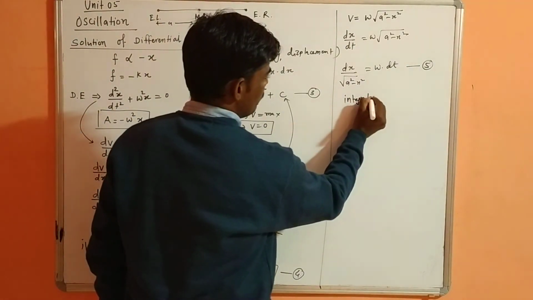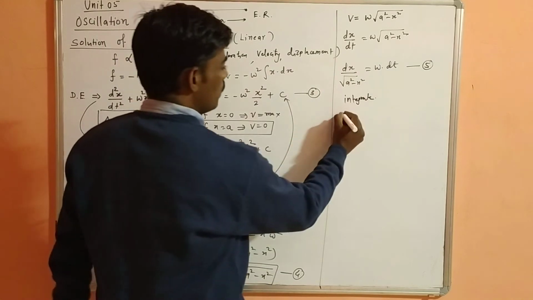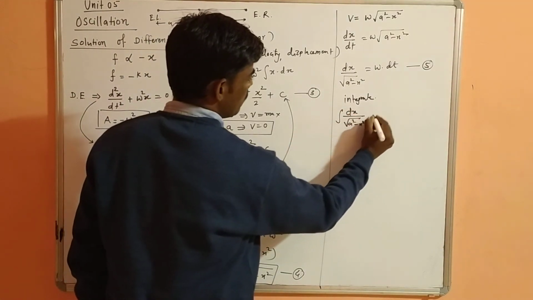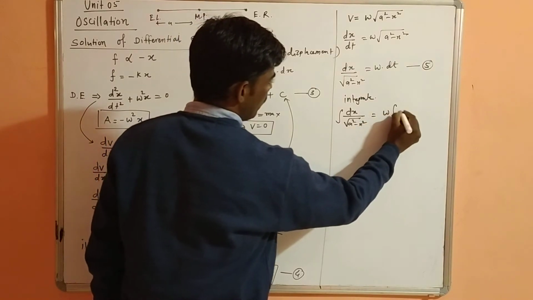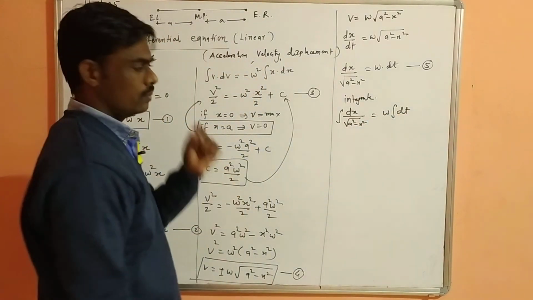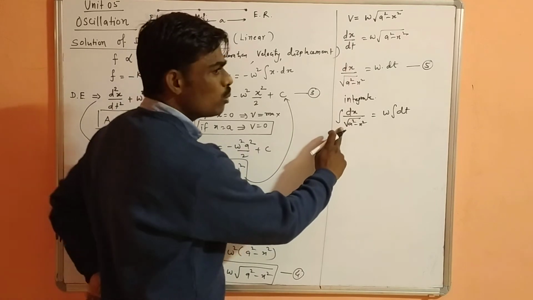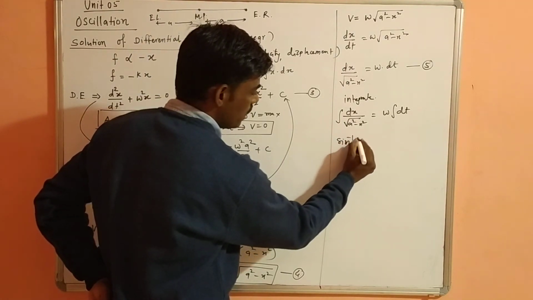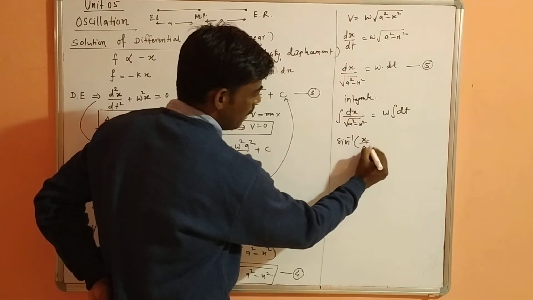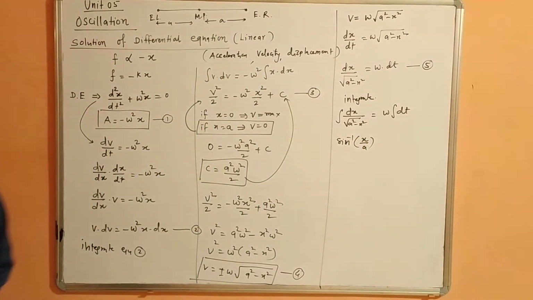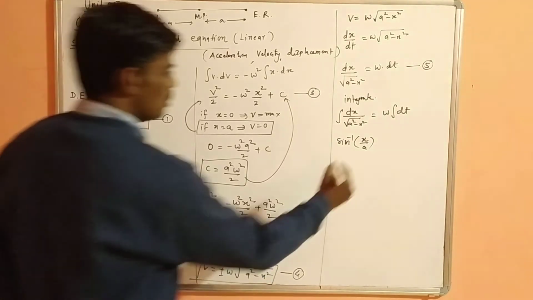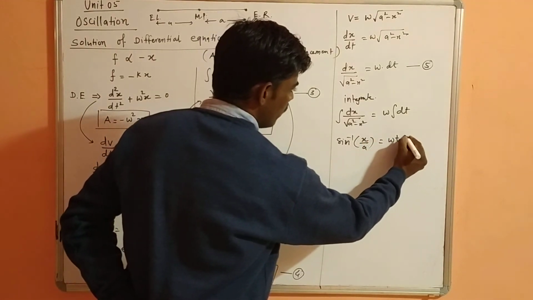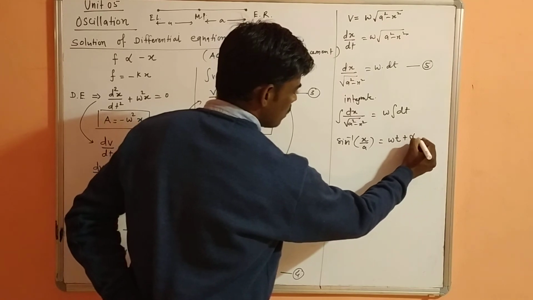Integrate on both sides. Integration of dx upon square root of a square minus x square is equal to omega times integration of dt. So this is the formula, sine inverse, remember this formula, very important: sine inverse x by a is equal to omega t, and I will write here integration constant as alpha.